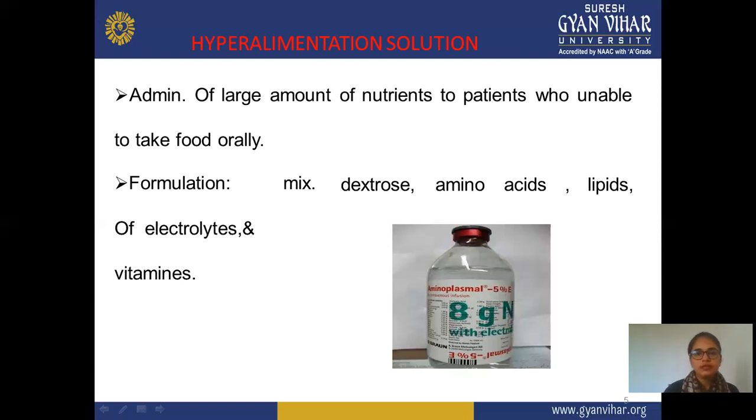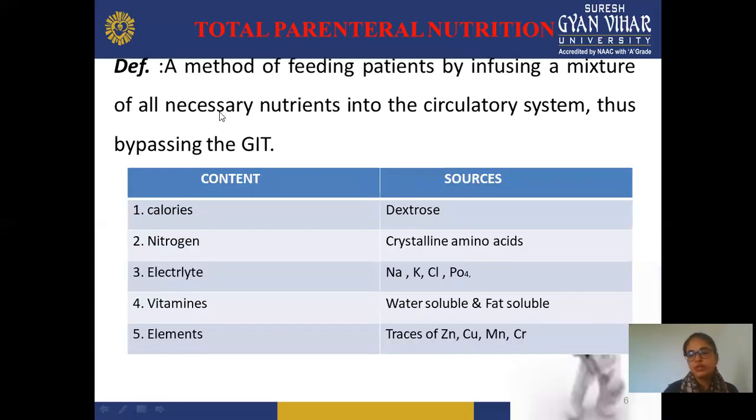Next, total parenteral nutrition for this hyperalimentation solution is a method of feeding a patient by infusing a mixture of all necessary nutrients into the circulatory system, bypassing the GI tract. According to the definition, you supply all the nutrients required, infusing the mixture of all nutrients into the circulation, bypassing the GIT, not by the oral route.